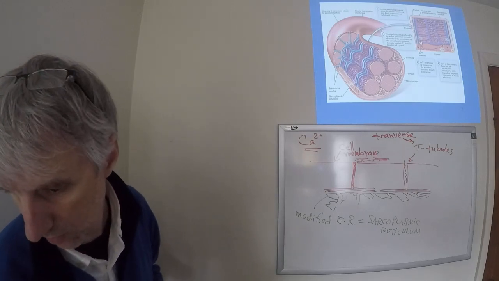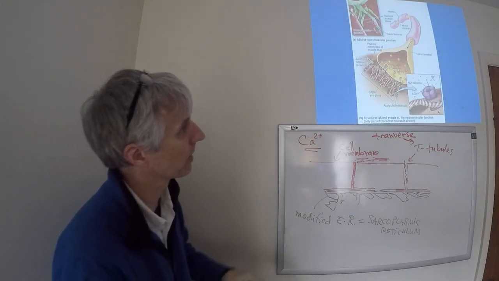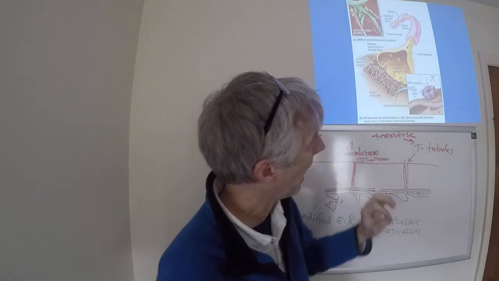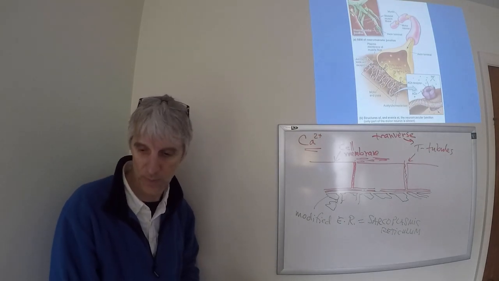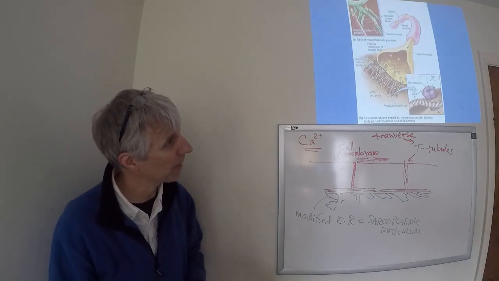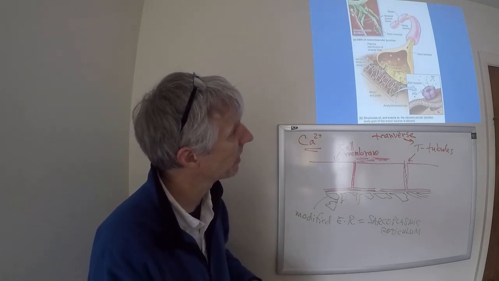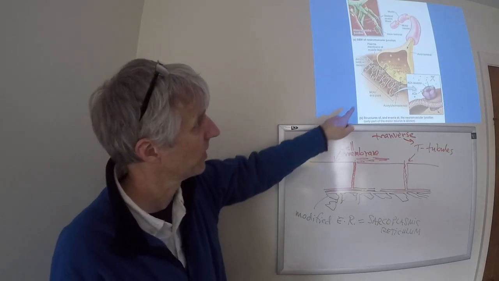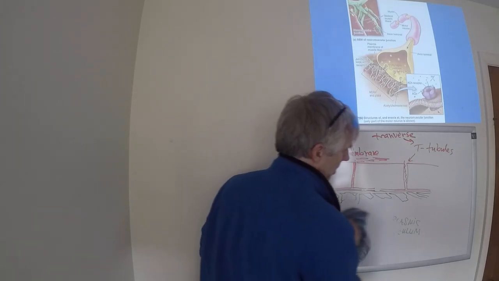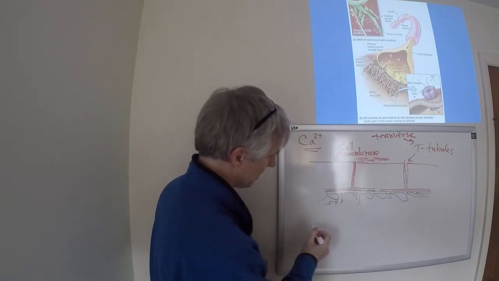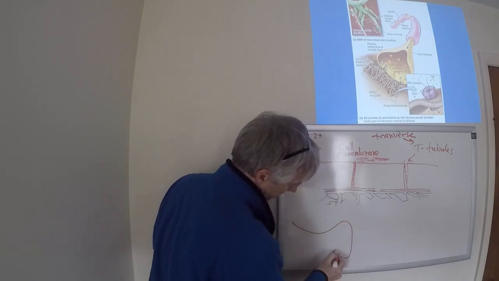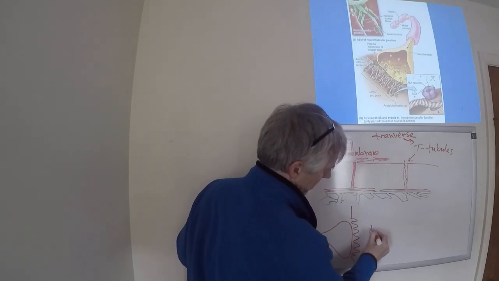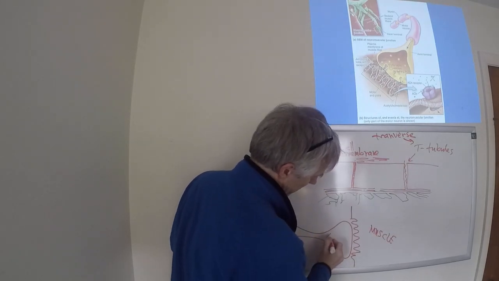All right, so let's make this work. Here we have an axon terminal. That's a synaptic terminal where that synapse occurs between the neuron and a muscle cell. Okay? So where that neuron comes in here, this is the muscle, this is the neuron.